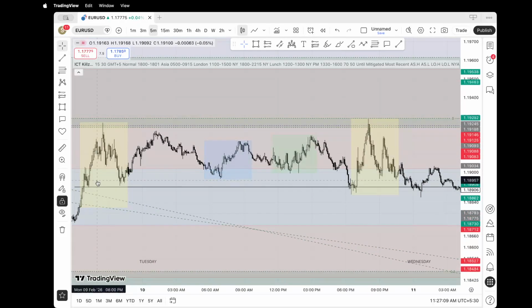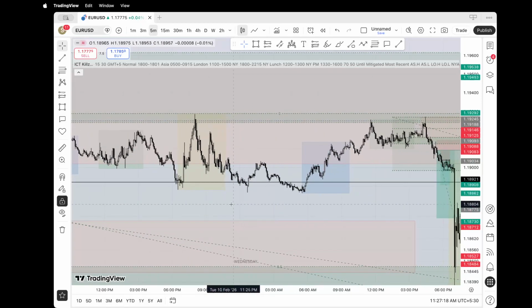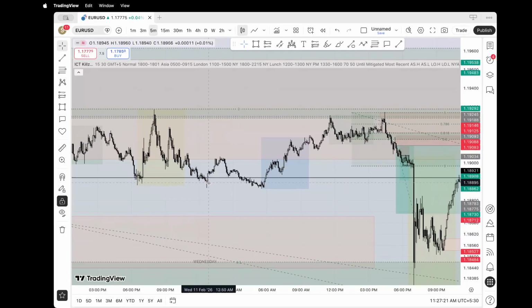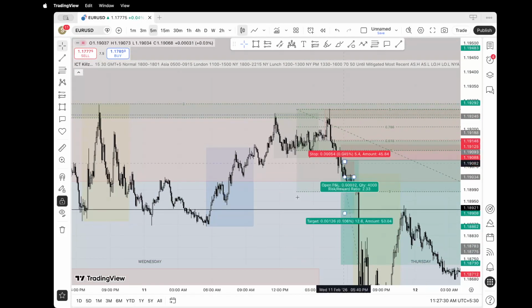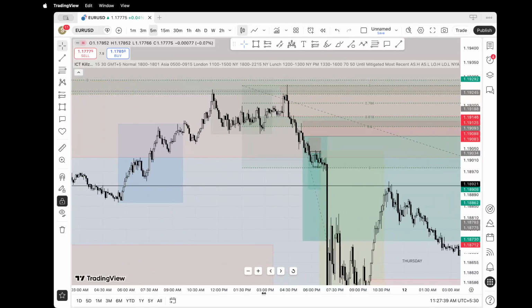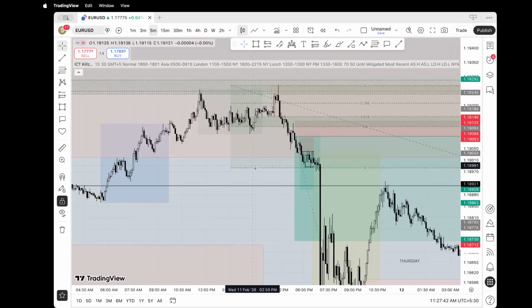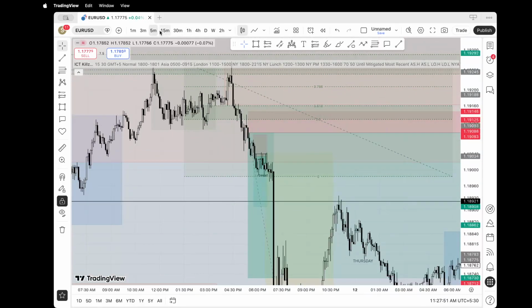Then we had this liquidity sweep, and then this change of character came into the picture, and we entered the trade somewhere here.